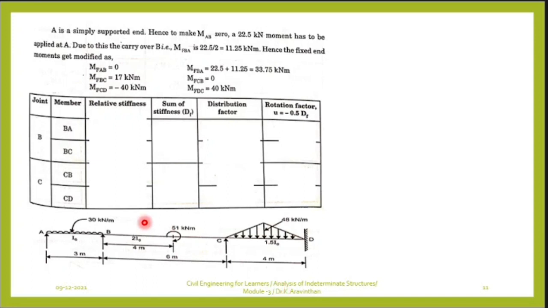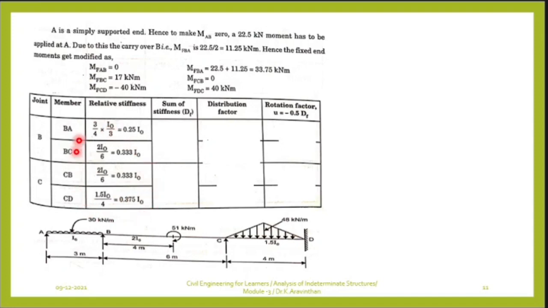So you are having B A, so B A will be 3 by 4 I by L and B to C will be I by L, C B will be I by L and C D will also be I by L. Here you can see the list of formulas, and in span B to C you have 2I, hence you have to replace the I by L by 2I.